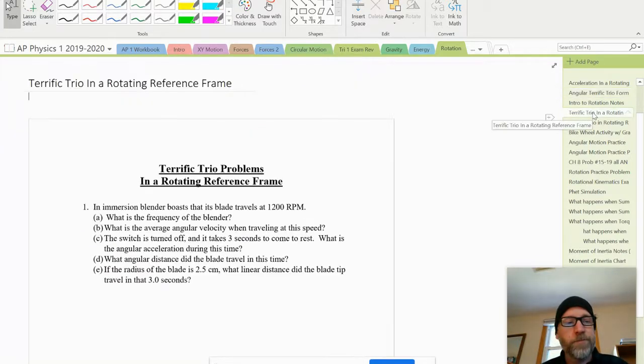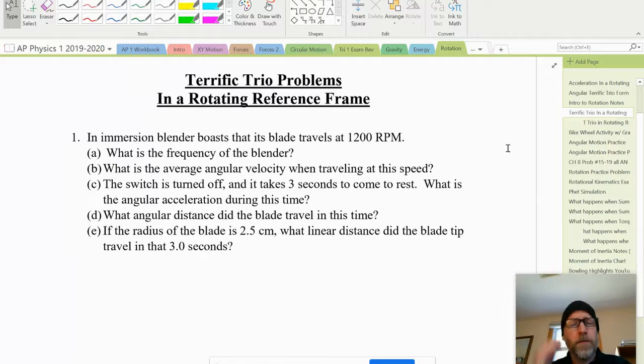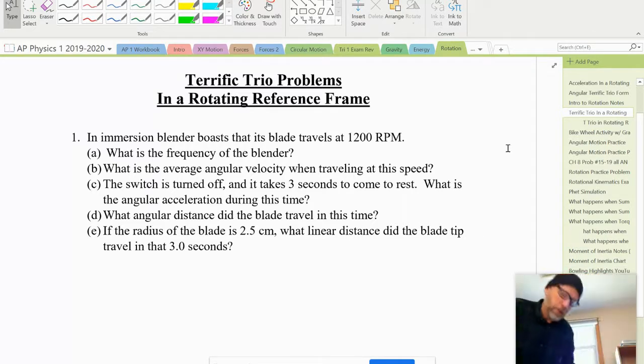Here we go. Number 1 says, an immersion blender boasts that its blade travels at 1,200 RPMs. Huh. Well, first of all, what the heck's an immersion blender? Well, just so happens that I have one down in the kitchen. So I got it right here. That's an immersion blender, and they spin really fast.